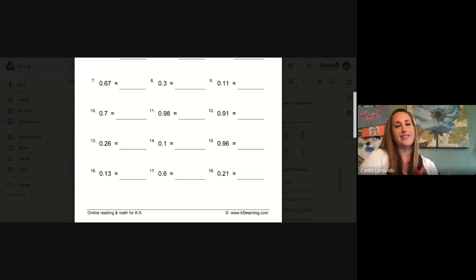Let's go on to our last 3. Our last 3, number 16, we have 13 hundredths. For number 17, we have 6/10. And for number 18, we have 21 hundredths. Let's pause here and see if we can turn these decimals into fractions.